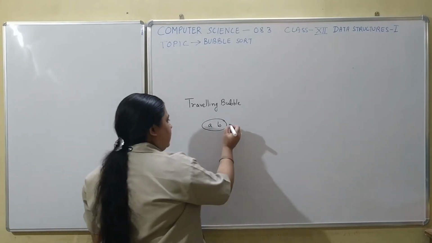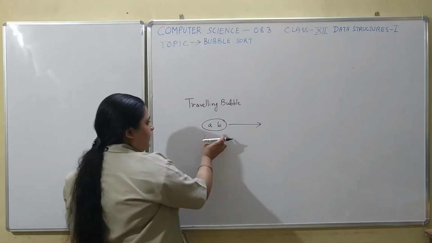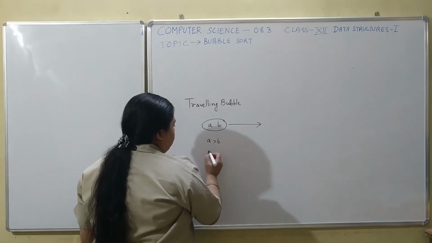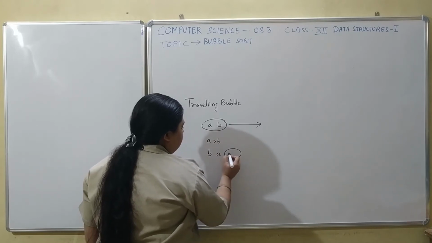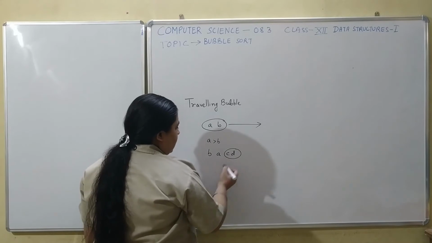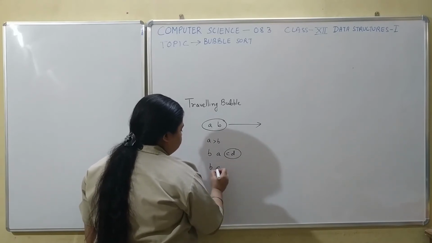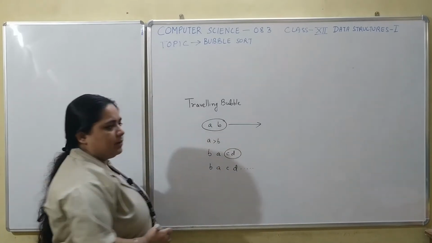This bubble will travel throughout your list, comparing the values. If A is greater than B, then they would be exchanged, that is, swapped, and the bubble will move over to C and D. If C is greater than D, they will be exchanged, or else they will remain the same, and this way it would continue till the end.